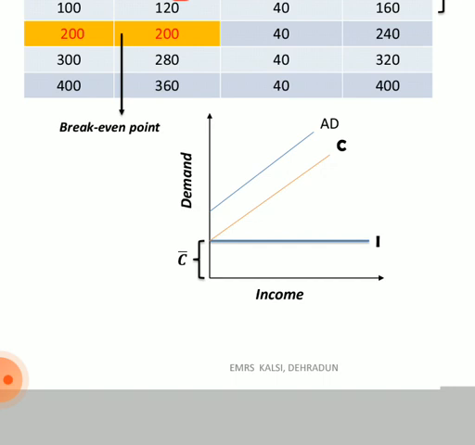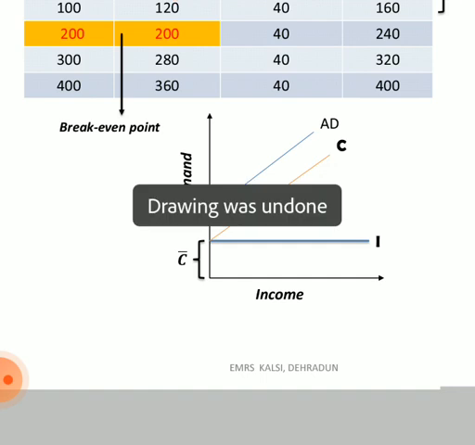When your income is zero and you have to consume, it means that consumption is for survival. You are taking education, you are eating food, you are wearing clothes, that consumption is for survival, because you have no income, but then also you are consuming, so that consumption will be called autonomous consumption. So the consumption at zero level of income is called autonomous consumption.